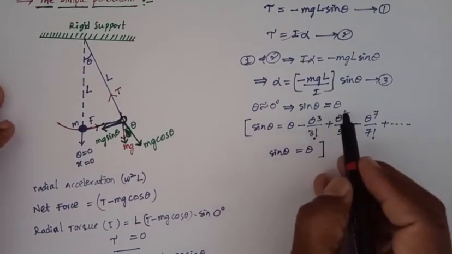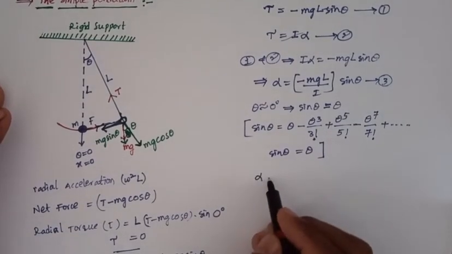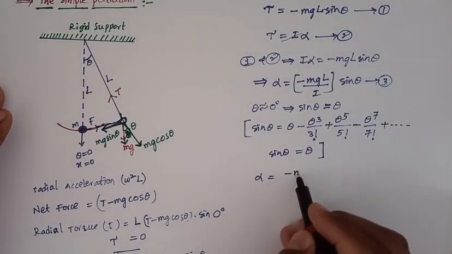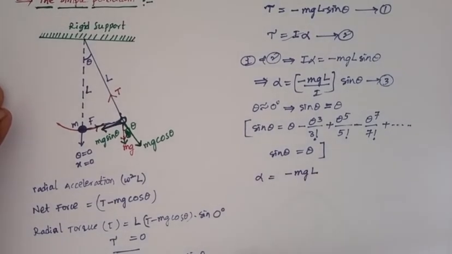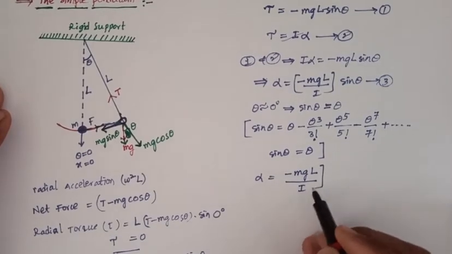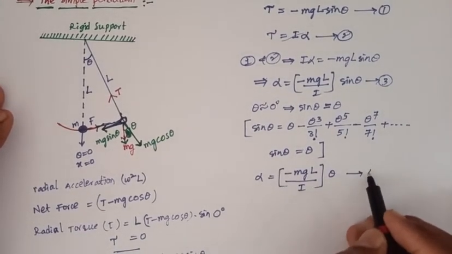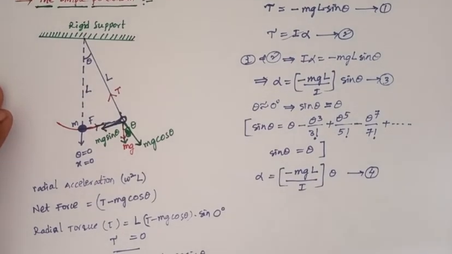Substitute sin theta equals theta in equation number 3. So alpha equals minus mgl by I into theta. So this is equation number 4.